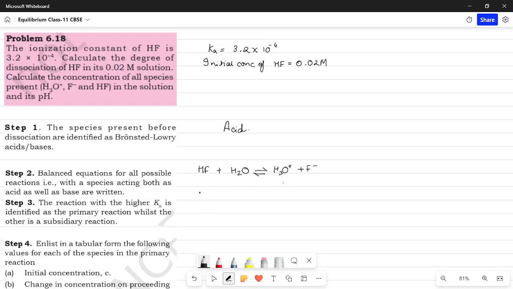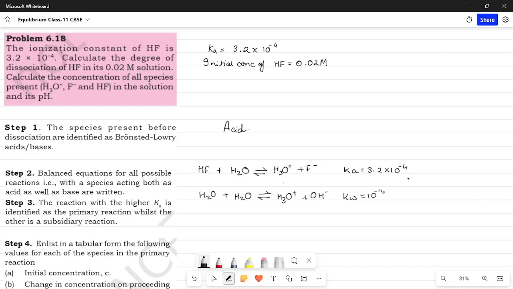The second one is H2O plus H2O in equilibrium with H3O plus and OH minus. So Kw over here equals 10 to the power minus 14. Ka equals 3.2 into 10 to the power minus 4.